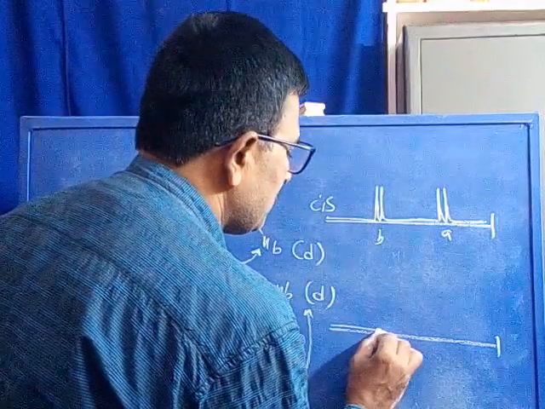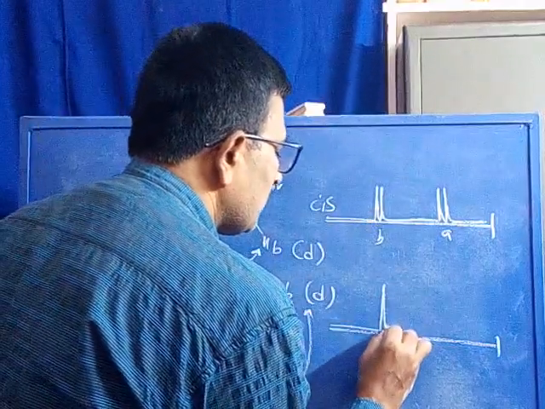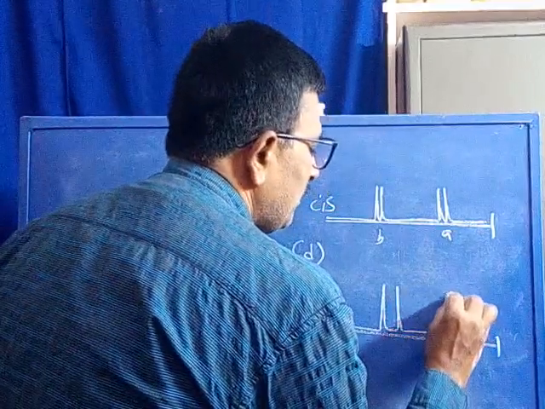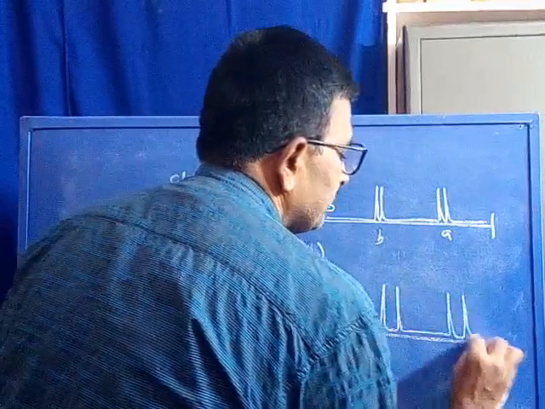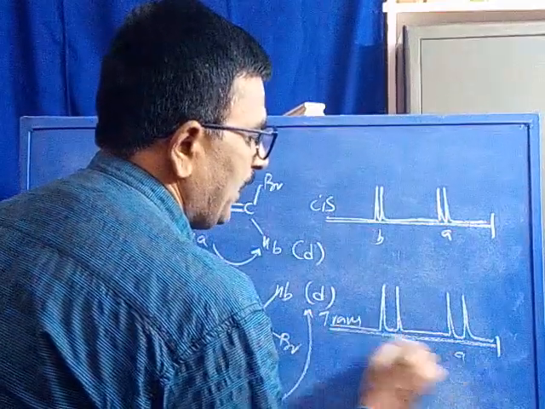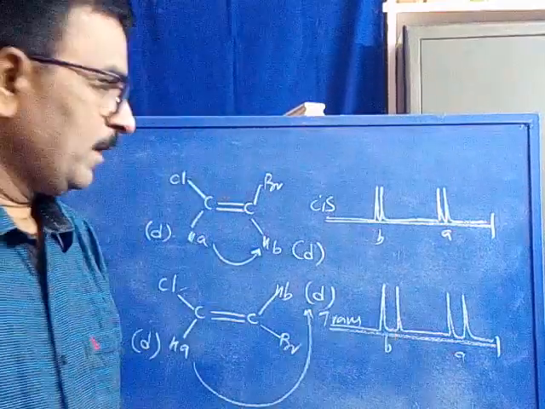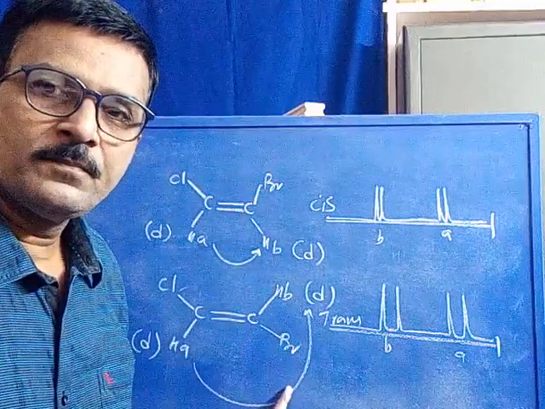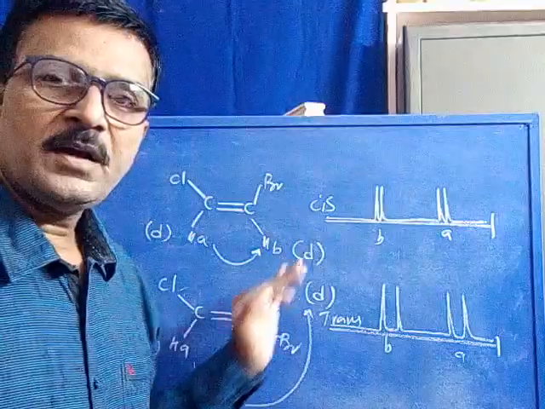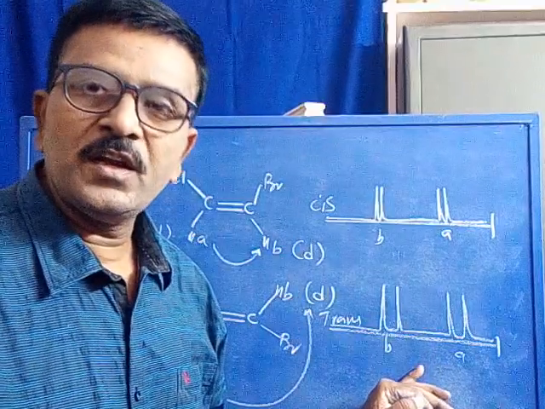For trans, one doublet, second doublet. This is trans. A and B. Now in both the cases, there are two signals. The cis isomer resulted in two signals. The trans isomer also resulted in two signals.